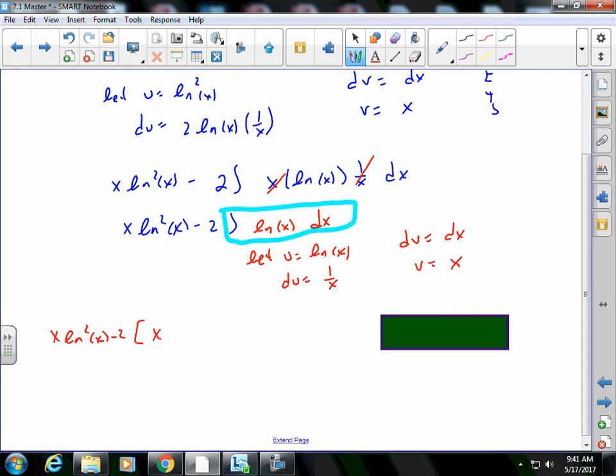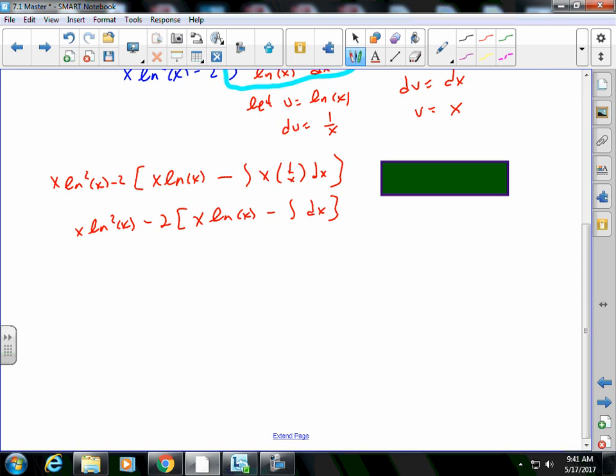So I have x natural log of x, subtract the integration of v du, which is x times 1 over x dx. That's going to clean up nicely. x natural log squared of x minus 2 times the quantity x natural log of x minus the integration of dx.